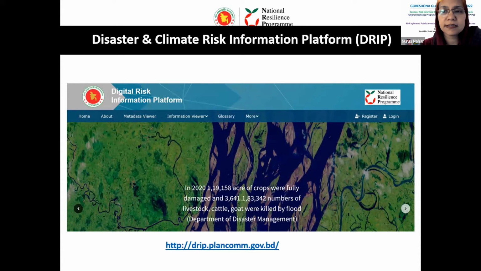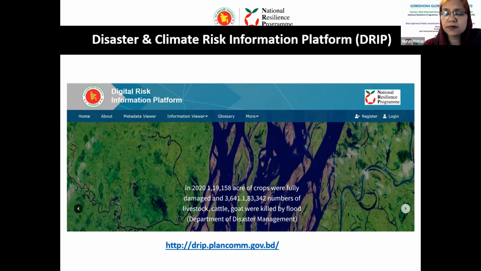So at least 14 organizations of the government have these climate and disaster risk related data. So we have already developed the hazard maps from those organizations. I've just mentioned a few, like Bangladesh Meteorological Department, Department of Disaster Management, Department of Agriculture Extension, LGED, Water Development Board, Soil Research Institute, and WARPO, and BADC, many more.